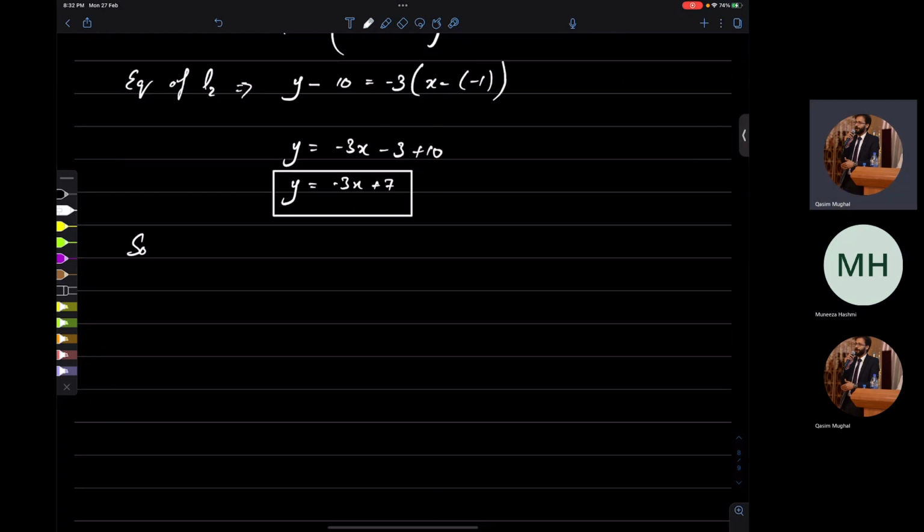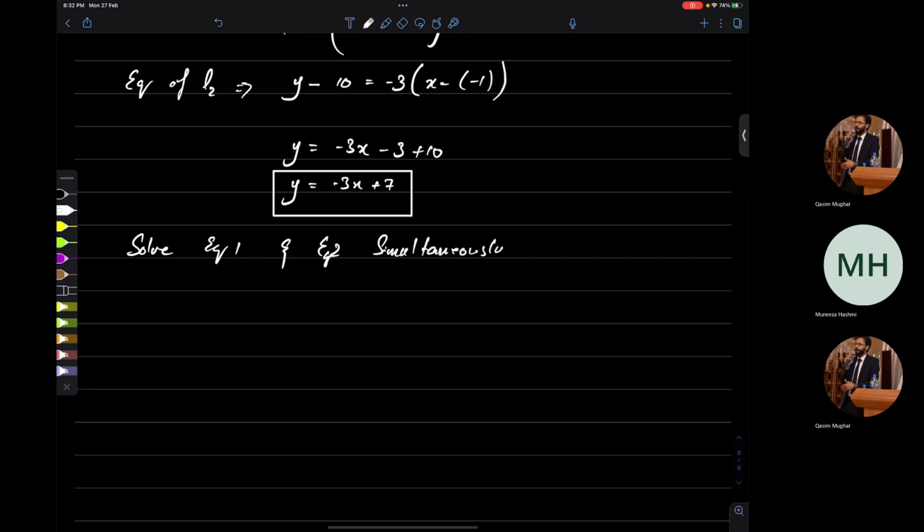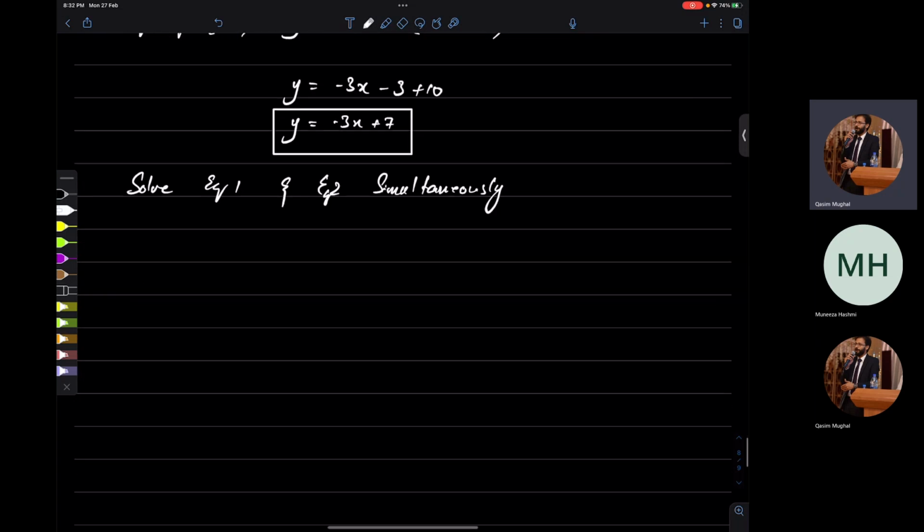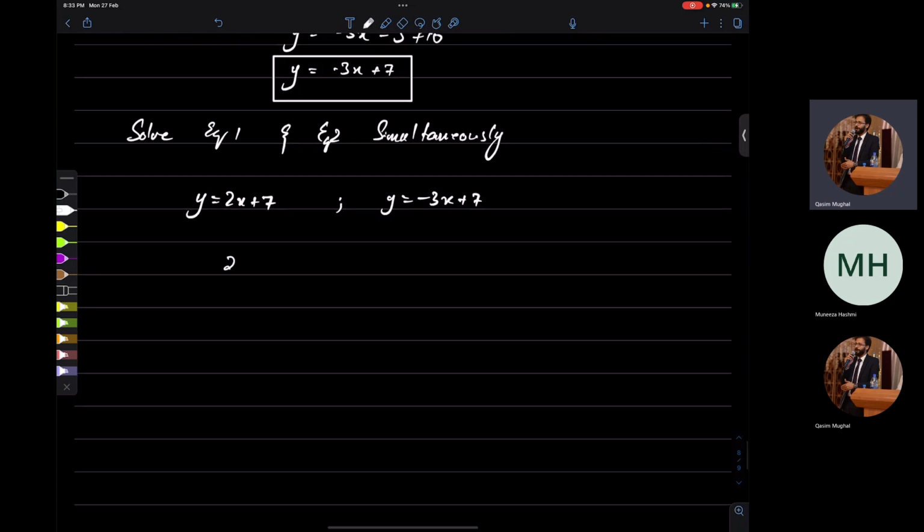Yes, sir. So solve equation 1 and equation 2 simultaneously. So the first one was y equals 2x plus 7, and the other one is y equals -3x plus 7. So from here, I can equate both of them. 2x plus 7 equals -3x plus 7.